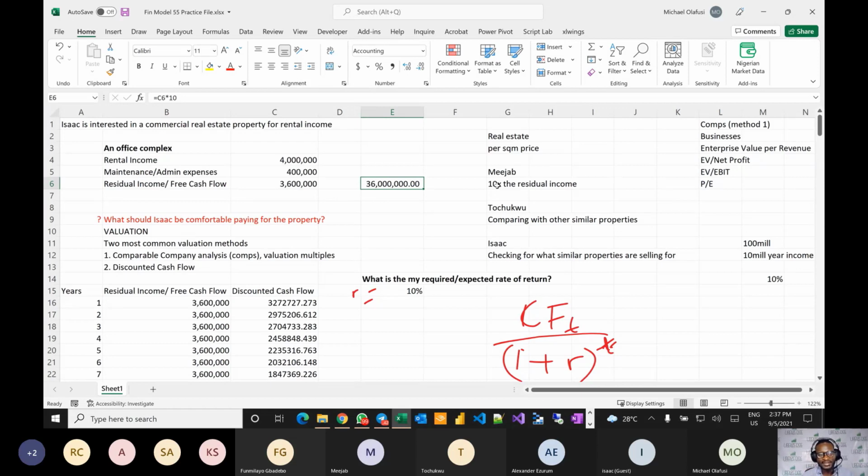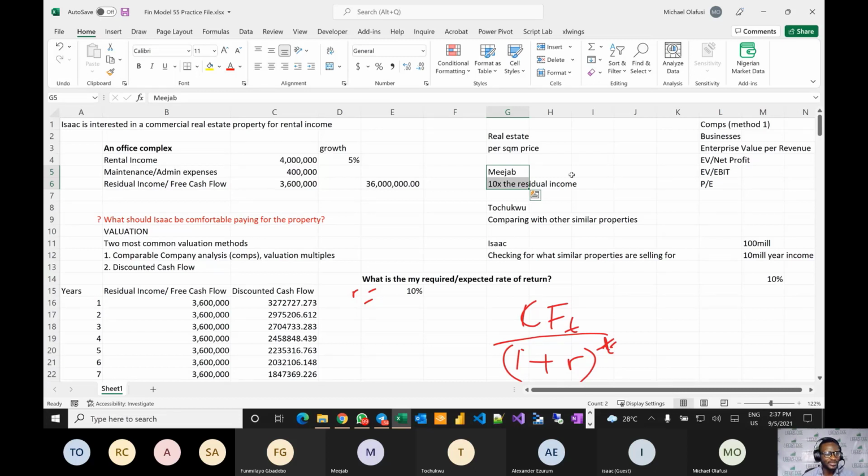But the reality is that what if you are able to raise the rent at 5% every year? That's where Mr. Mijab's 10 times residual income becomes insufficient. It becomes very difficult to apply. Why? 10 times what? Is it the 4 million? But 4 million is not what you are collecting for life.